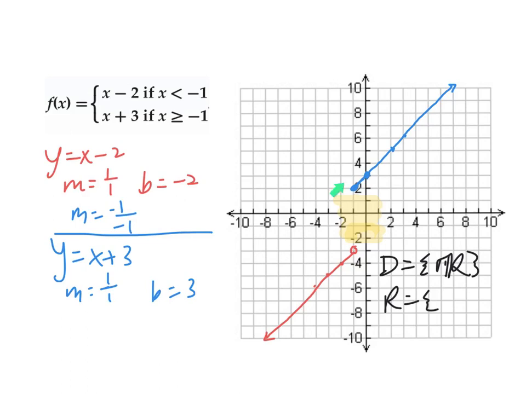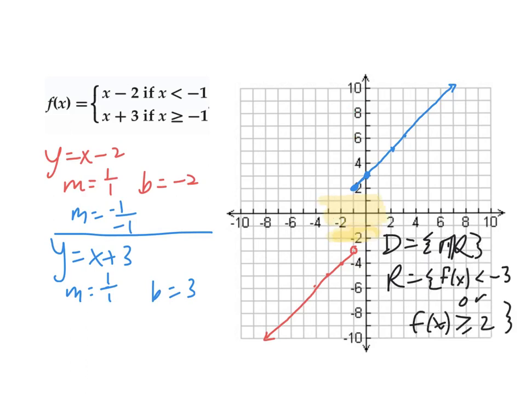Then if I look at the blue one, what's the lowest y value? What value is the y value here? 2. So again, if I plugged x in, which was negative 1, that's 2 and above. So greater than or equal to. So that's what my range looks like. It's 2 parts.